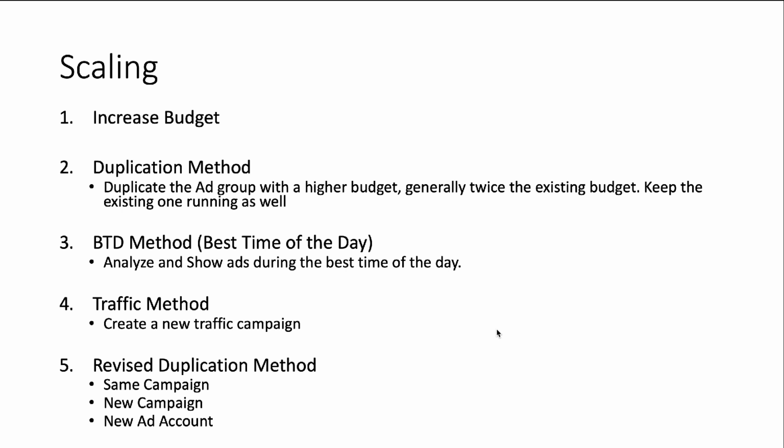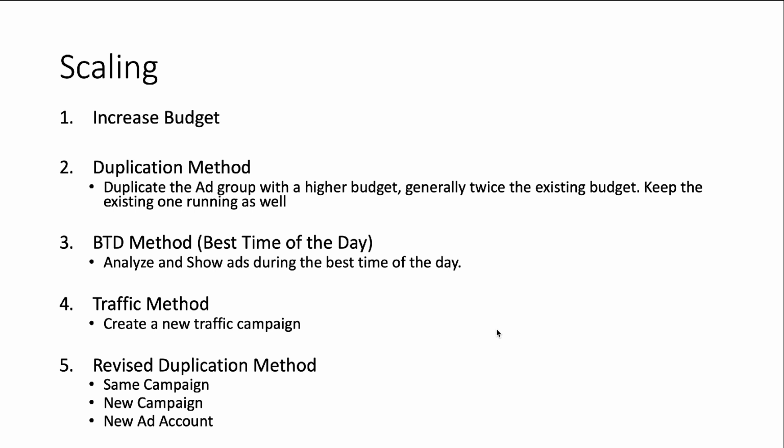So increase the budget by about 10 to 15%, maximum 20%. So if your existing budget is 4,000 rupees, change it to 4,800 maximum today. Then the next day again increase it by 20%, then the next day again increase by 20%. So the days you are profitable, you keep increasing your budget by 10 to 20% every day, and gradually you scale.